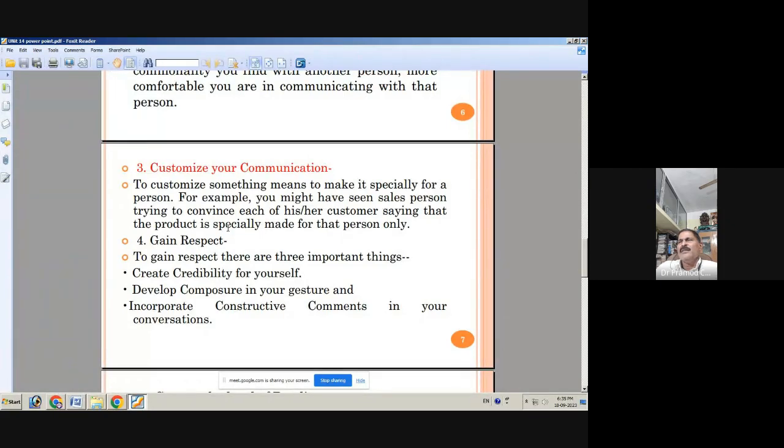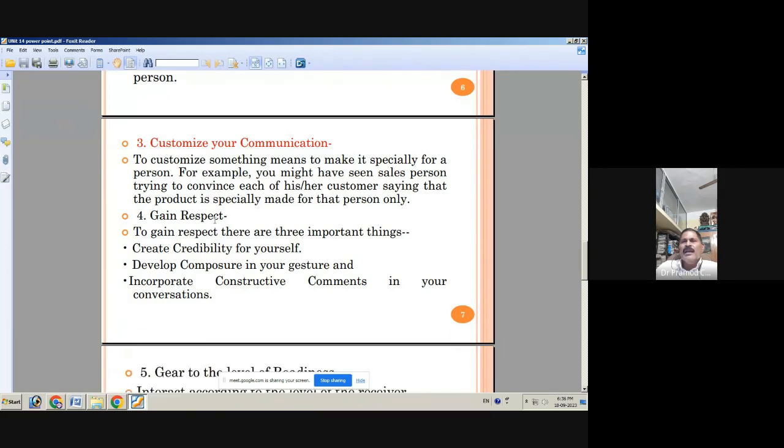You might have seen salespersons trying to convince us in any manner to sell their products. Similarly, you will try your best to make anyone convinced of the message, the idea you are going to send.